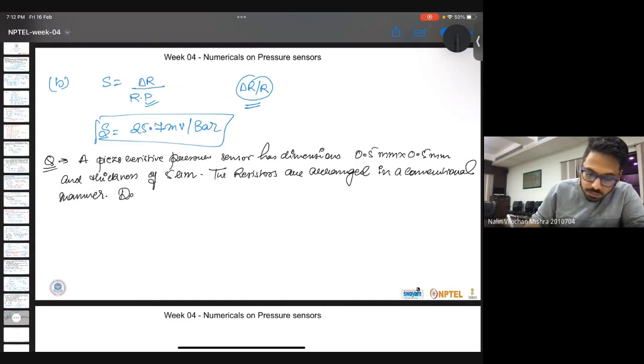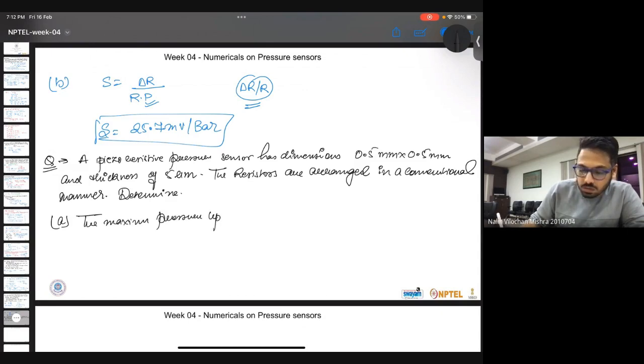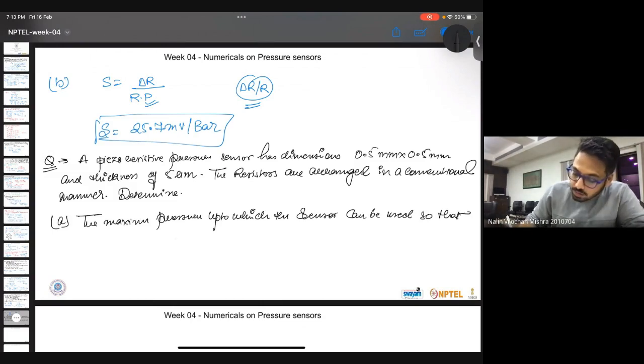So determine, the first part is the maximum pressure up to which the sensor can be used, so that the condition is given that P max is 1 by 5 P burst.